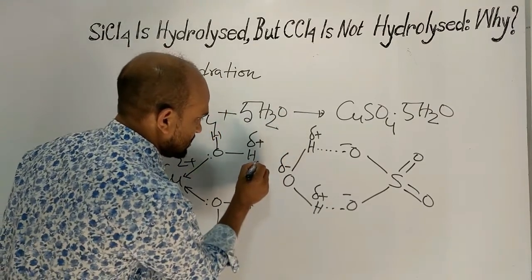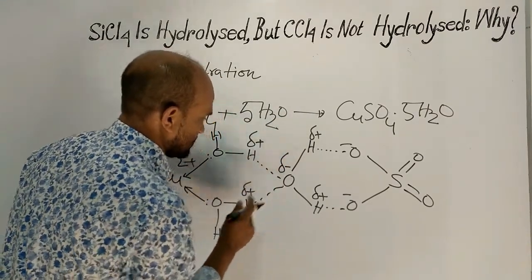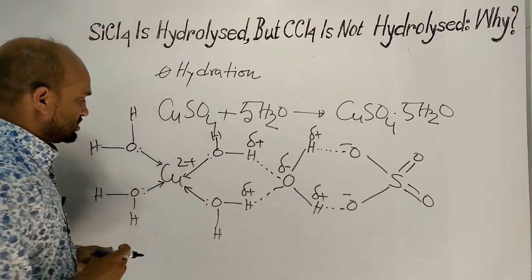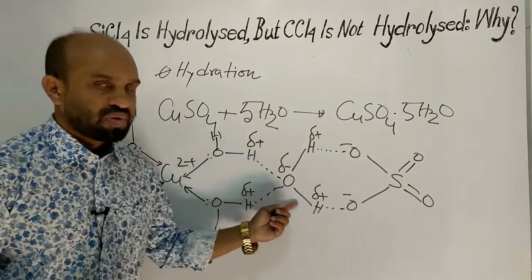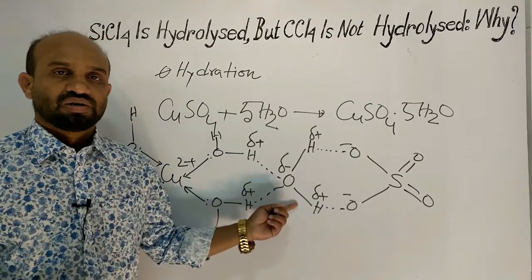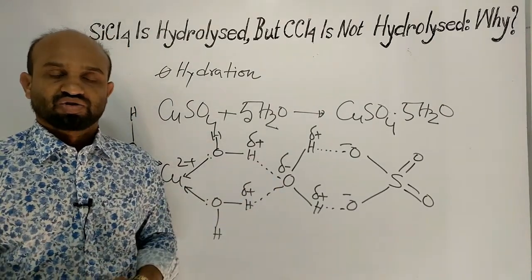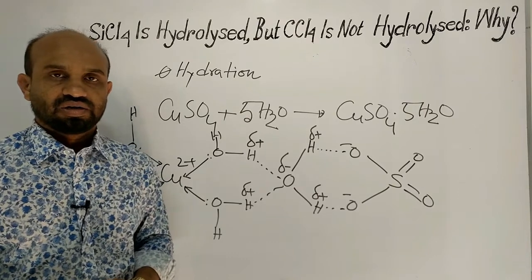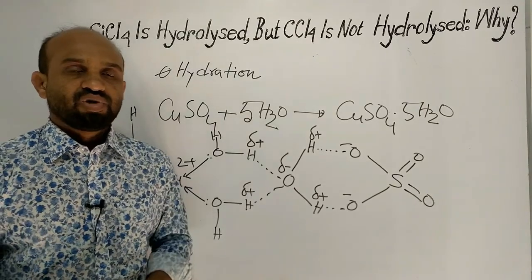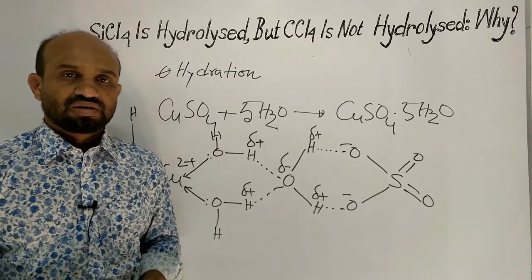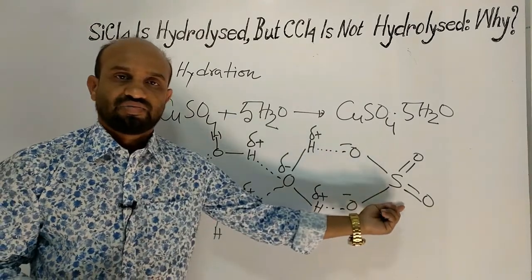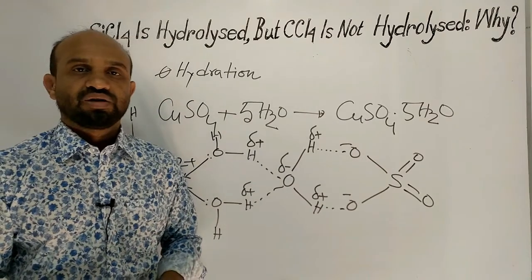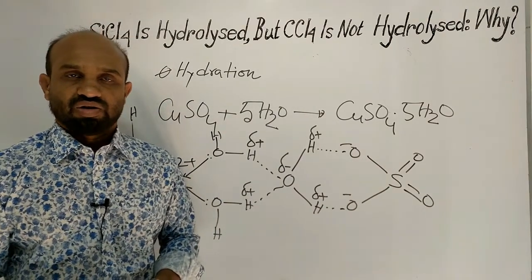So here there is an attraction. Now we see that 1, 2, 3, 4, 5 molecules of water are accommodated in copper sulfate. Here 5 molecules of water adhere to the copper 2+ ion and sulfate ion. No breaking of bonds of water occurs.